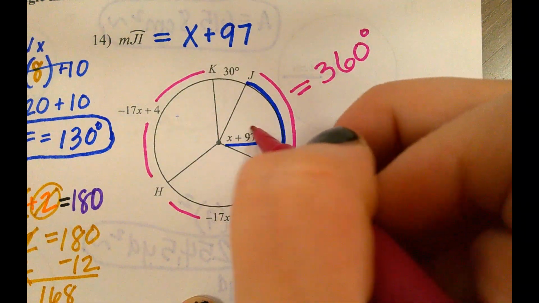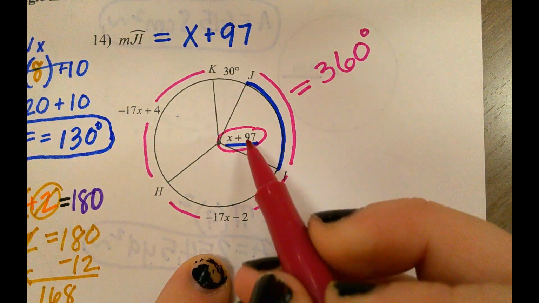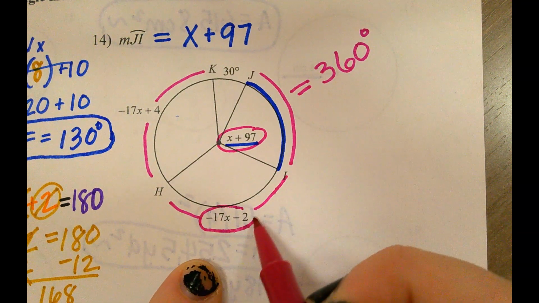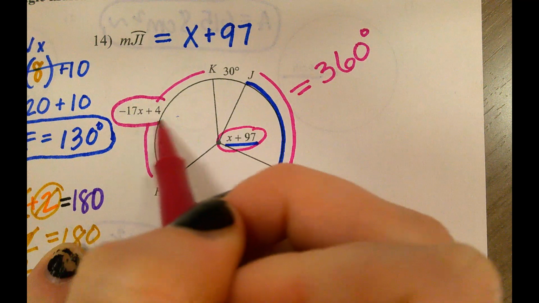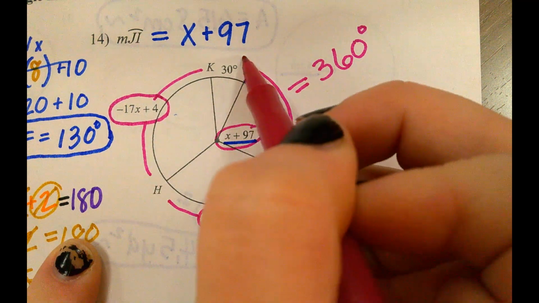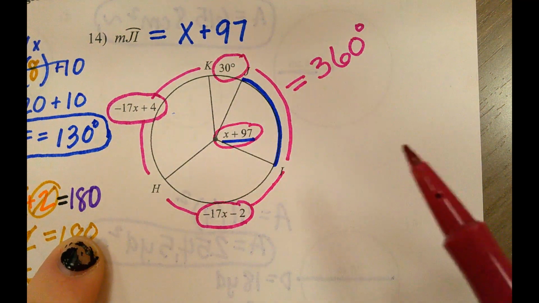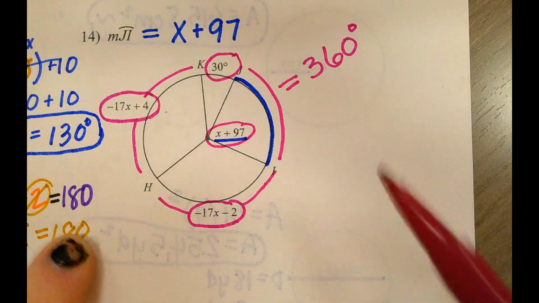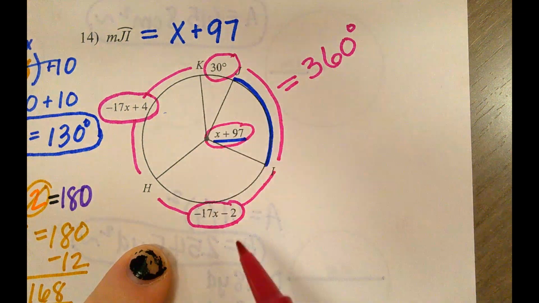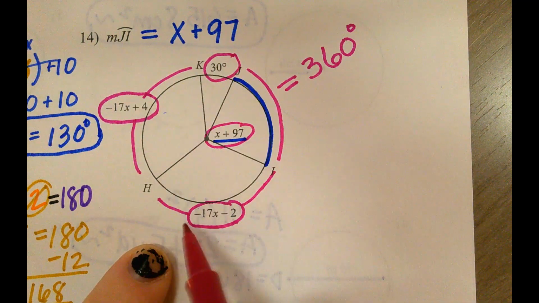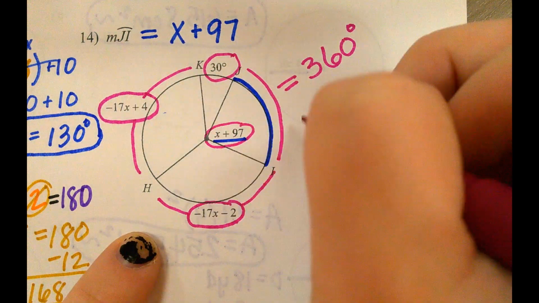I can see somebody forgetting that 30 degrees possibly. So I know I have x plus 97, I have minus 17x minus 2, I also have minus 17x plus 4, and I also have 30. So I'm going to write all of those out and set them equal to 360. Now to save some space on my paper, I'm going to stack them up.